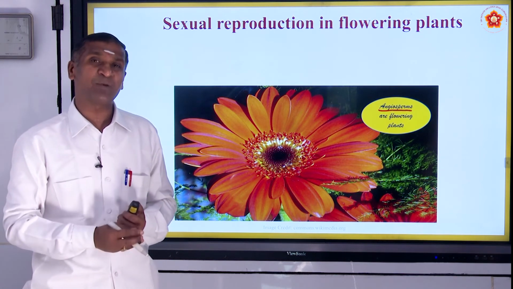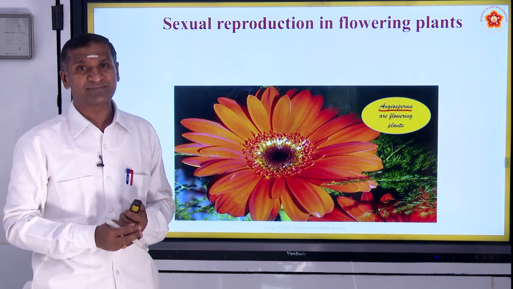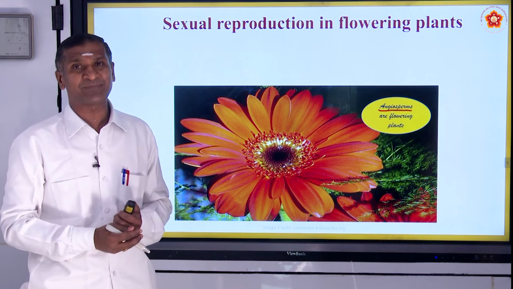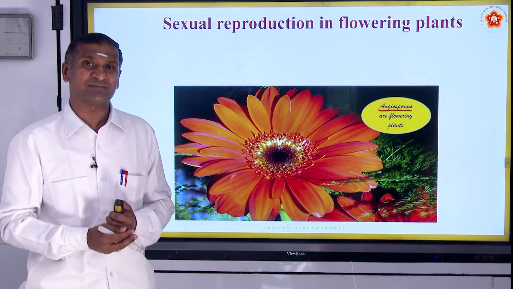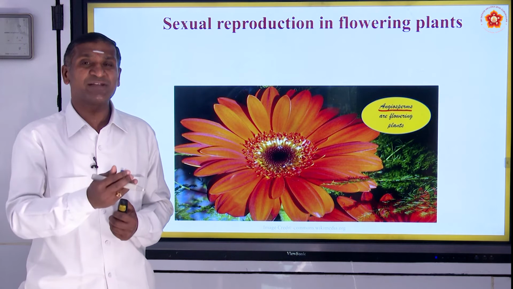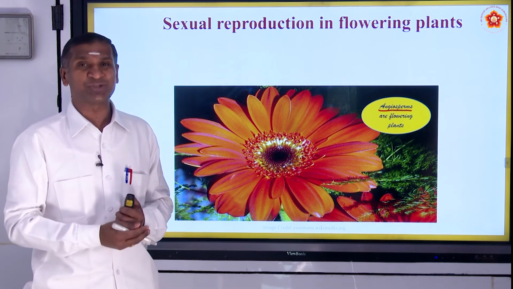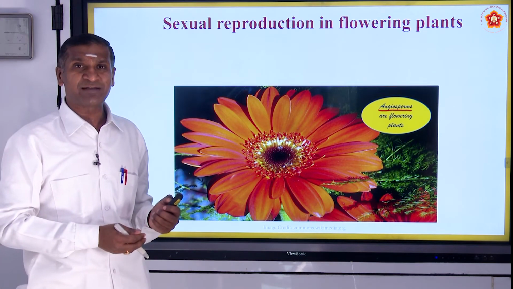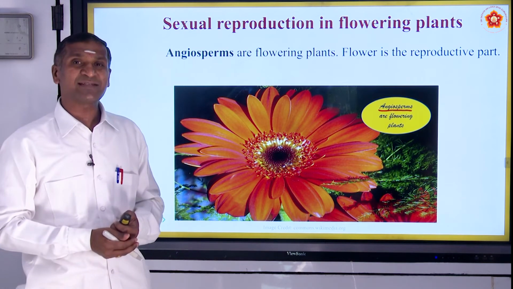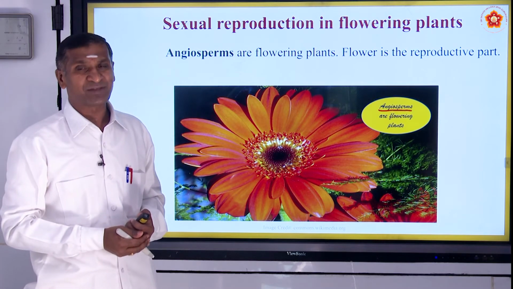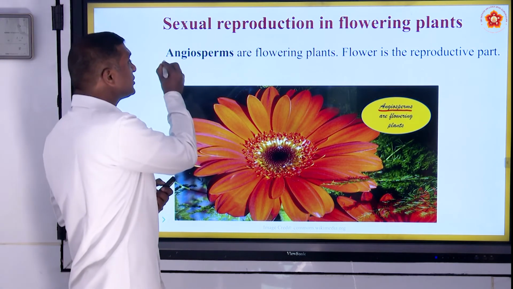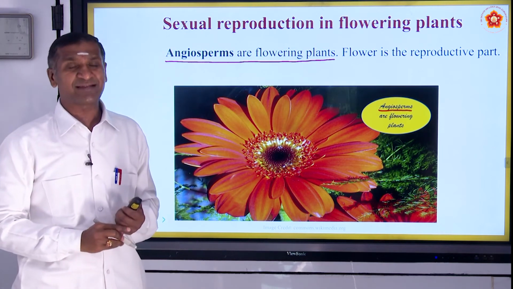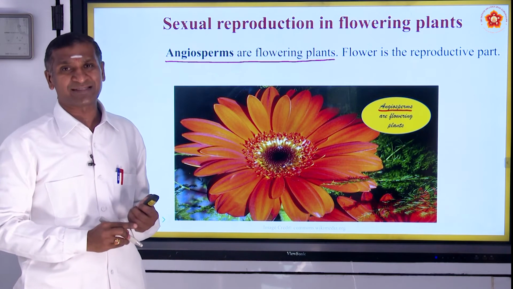They are flowering plants, highly evolved, with a well-developed root system, well-developed shoot system with perfect leaf venation, which you will study in higher classes about angiosperms. The sexual reproduction in flowering plants mainly takes place with the help of the flower. So angiosperms are flowering plants and the flower is the reproductive part.